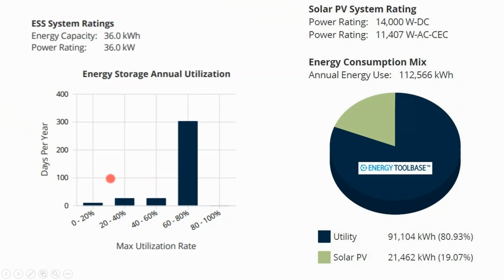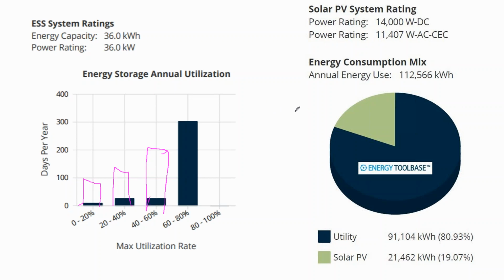It's going to be more cost effective if you're only turning the battery on and using it fully a few days a month. As the battery bank gets larger, you're going to see your utilization start to be a little bit better distributed the larger the battery bank you get.